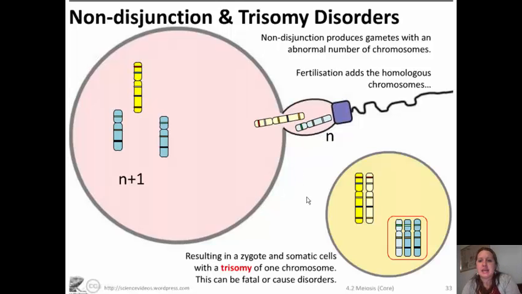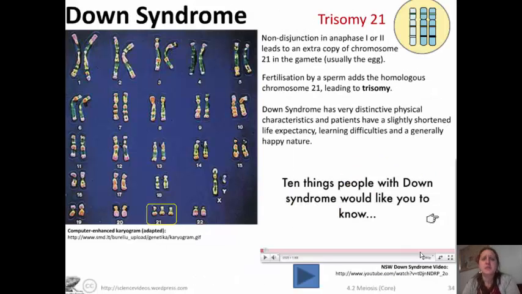And then when they get together, we have a trisomy. We have one complete pair, but then we also have an extra chromosome. So the resulting zygote and then the somatic cells have a trisomy of one chromosome. And this can be very fatal or could cause a disorder. The most common disorder, the one that most people are familiar with, is trisomy 21, which is Down syndrome.